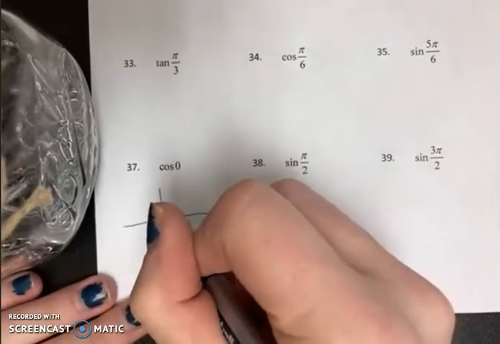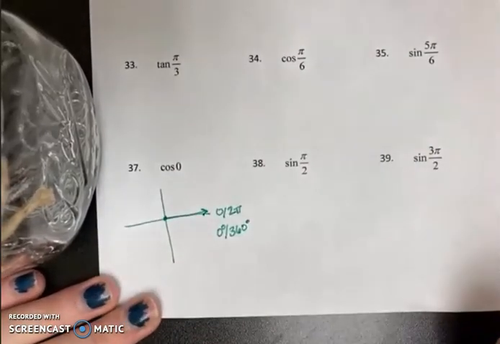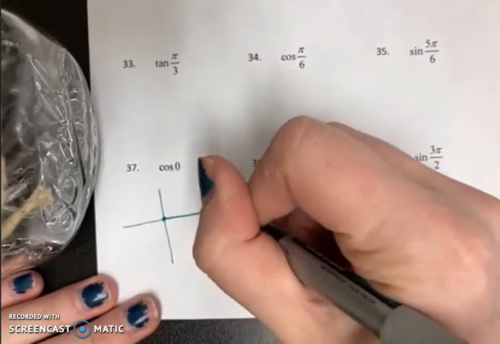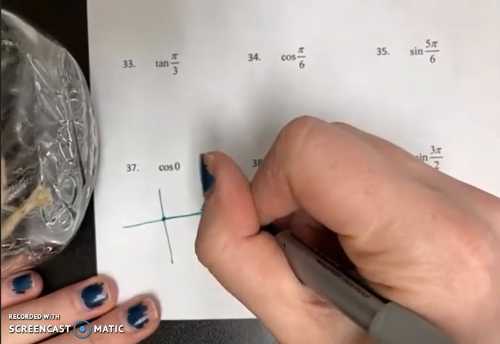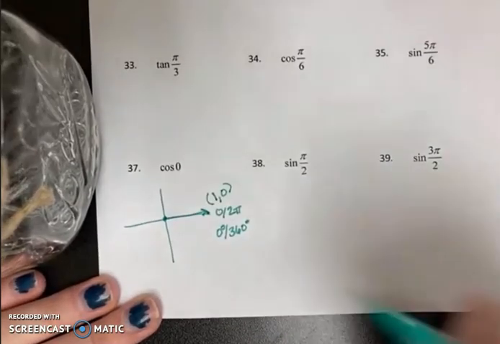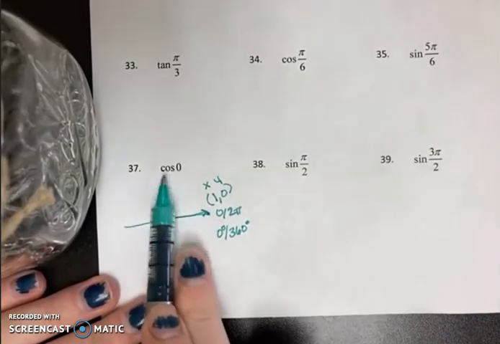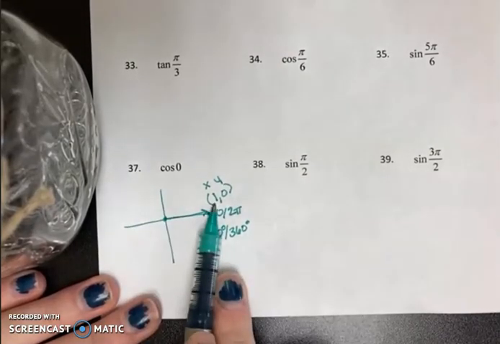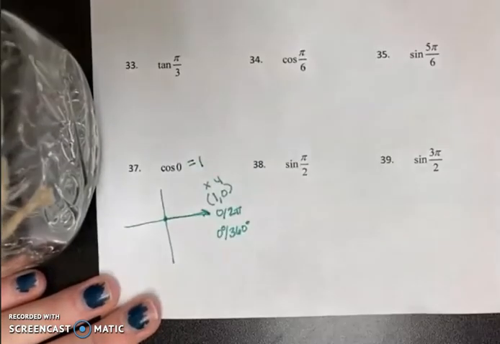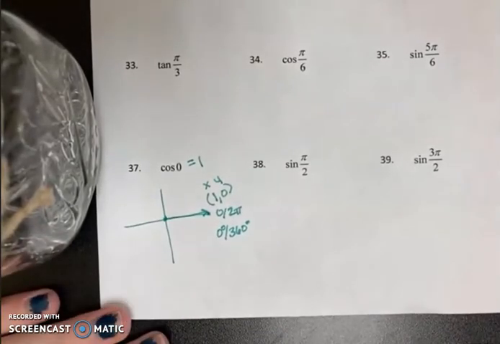It's right here. I do know that the coordinate is going to be (1, 0). So we already know what the x and y values are since that's a quadrantal angle. And because it's asking for cosine, I know I want the x value. So that's just 1. And that's it. That's all you've got to do.